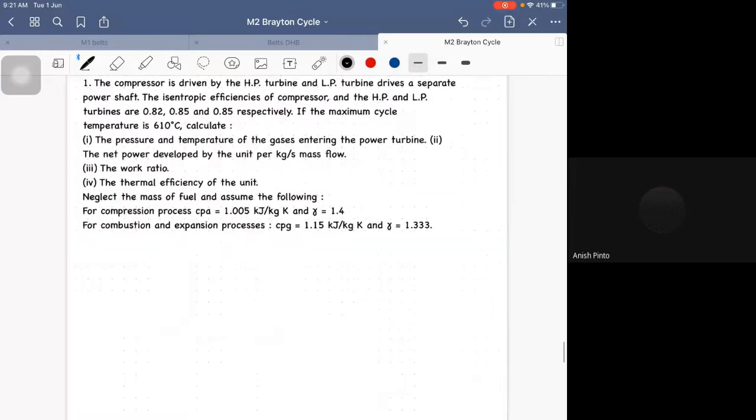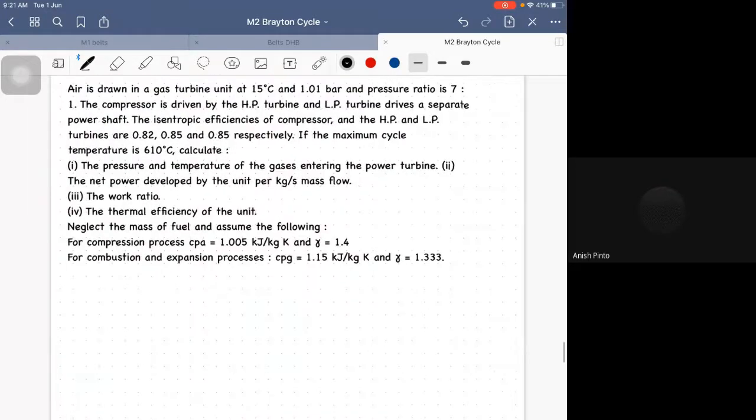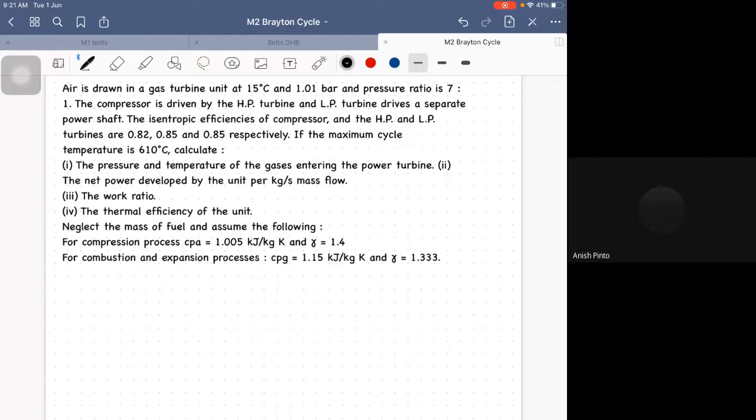Right. So this is the problem. I just picked it from the textbook. Now, shall we start? Yes, sir. Now, after learning all those concepts, you have to tell me how this particular problem is done.